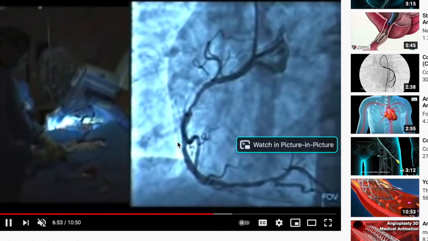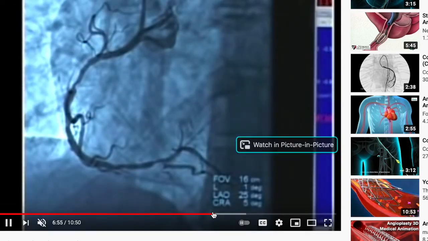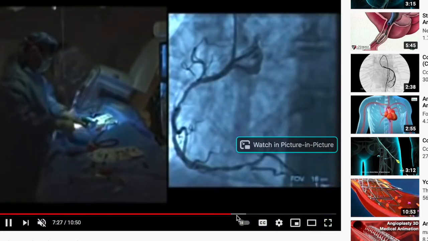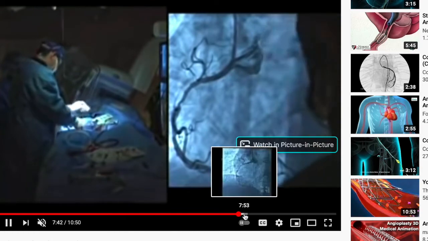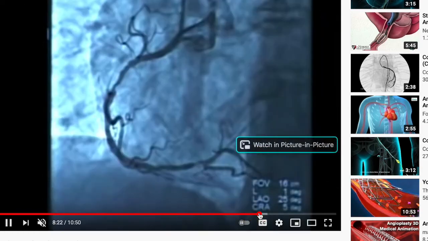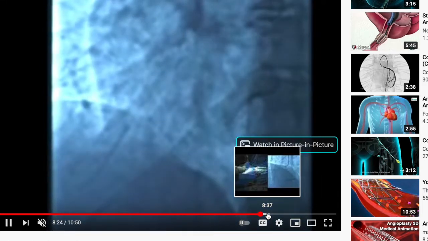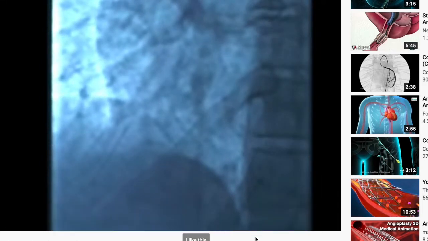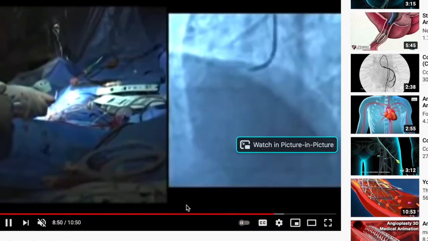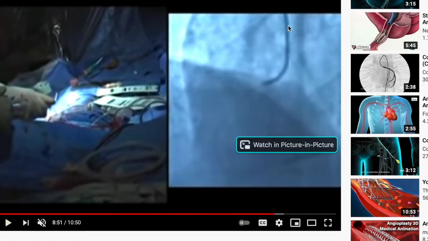And then on the other side of the heart, we can see where the blood flow is actually stopped. There we go. So if you see here, the blood flow stops right there. So that's how they know where the clot actually is.